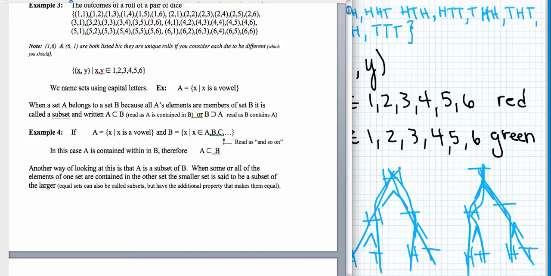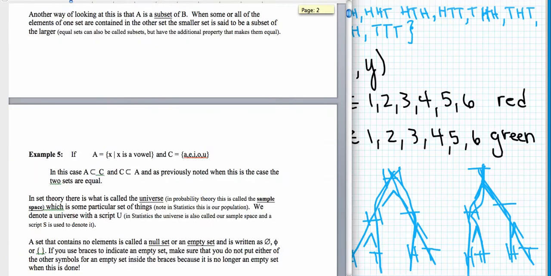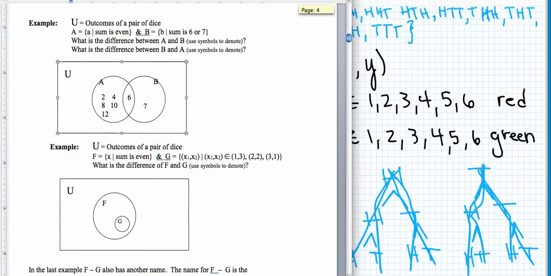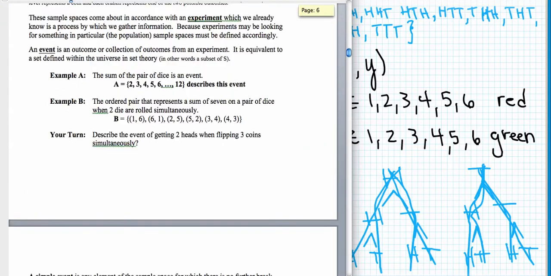Under that sample space, we might want to define another event, which is not the outcomes of a roll of a die, but the sum of the outcomes when we roll a die.